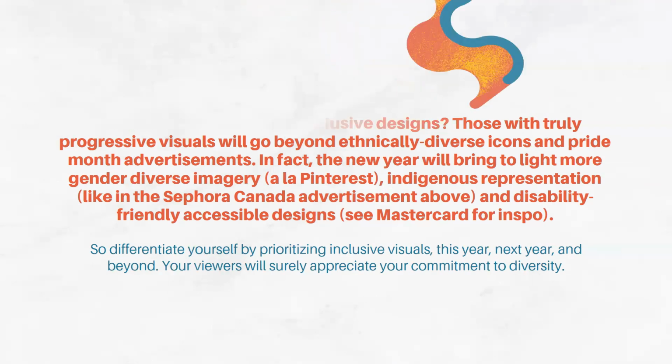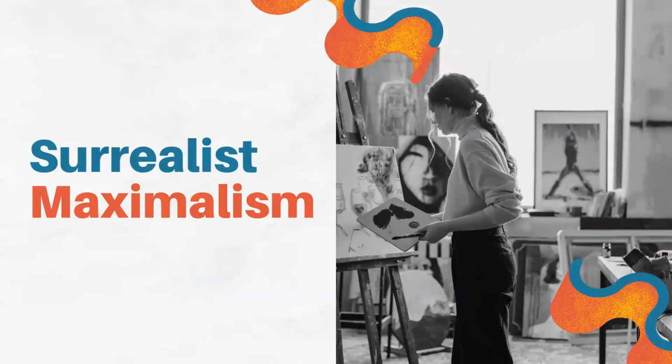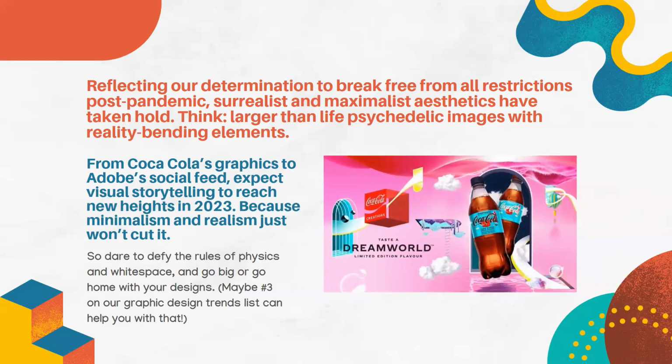Okay, next is surrealist maximalism. So tignan niyo na lang yung sample. Ayan, yung design na to, mix na siya no nung mga images. Parang hindi mo akalain nandun pala dapat siya, pero ginamit siya para magkaroon ng psychedelic images with reality bending elements.